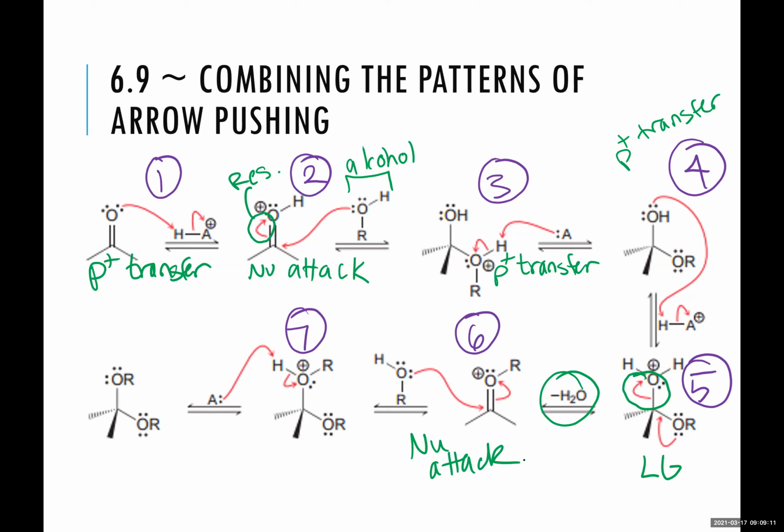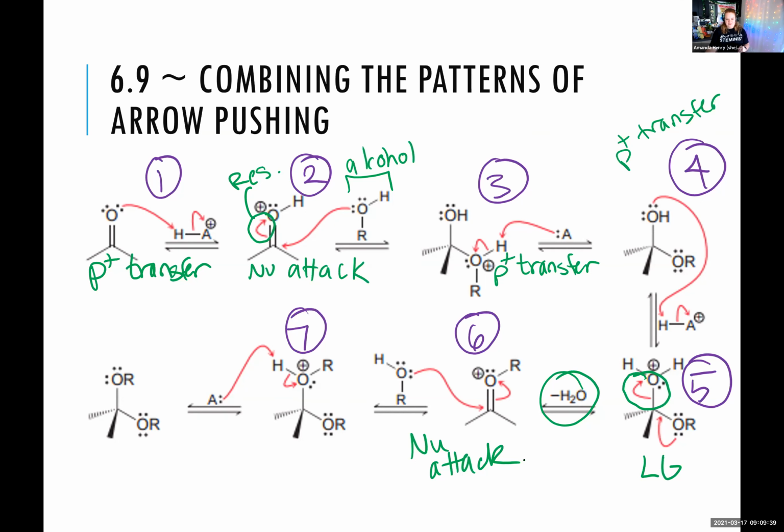For number 3, how come it's a proton transfer? Would the nucleophilic attack have to be, the arrow have to be in a certain carbon bond for it to be an attack? This is a good question, and this is something that doesn't get caught every semester. But a nucleophilic attack and a proton transfer are the exact same thing, except a proton transfer always involves a hydrogen, and a nucleophilic attack never involves a hydrogen.